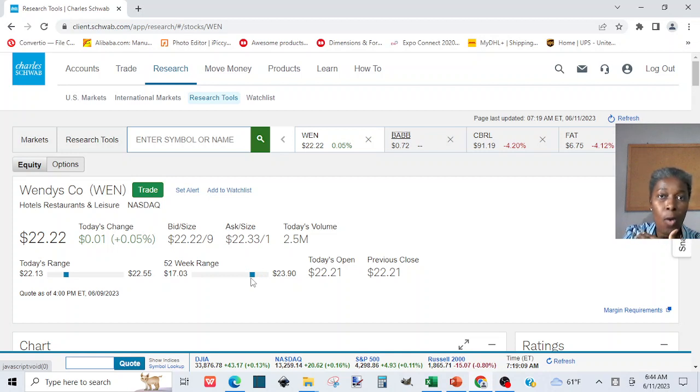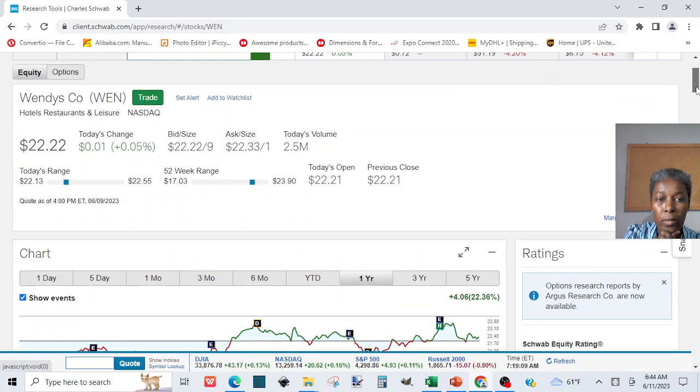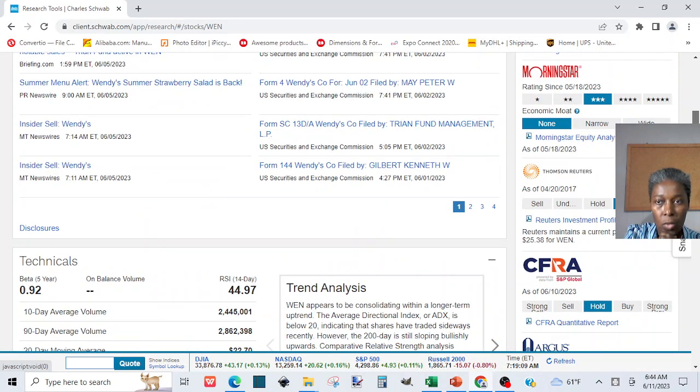We have not put them all through all our filters yet, but it's selling on NASDAQ, so it passed that filter. Therefore, you can write the 52 weeks range, 17.03, and the 52 weeks high, 23.90. At this point, it's $22.22, so it's close to the highest price in the 52 weeks range.